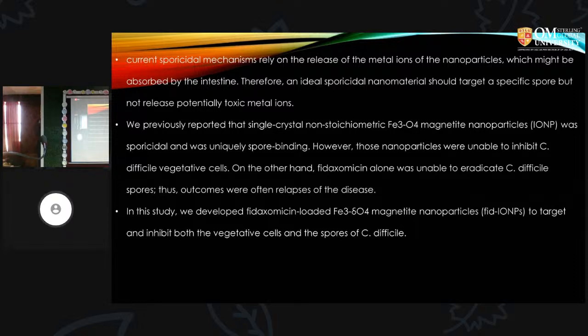Therefore, an ideal sporicidal nanomaterial should target a specific spore but not release potentially toxic metal ions. We previously reported that single crystal non-stoichiometric Fe3O4 magnetite nanoparticles were sporicidal and uniquely spore binding. However, those nanoparticles were unable to inhibit Clostridium difficile vegetative cells.